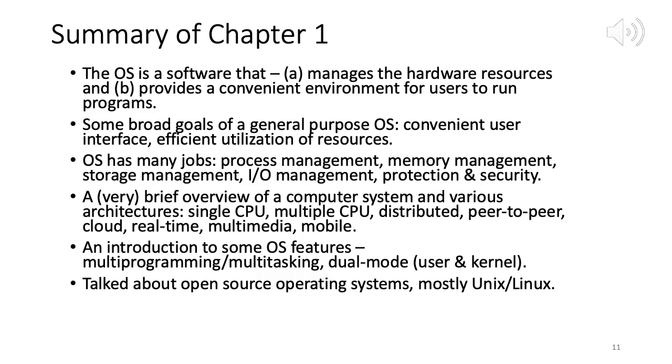Some broad goals of a general purpose operating system: convenient user interface, efficient utilization of resources. An operating system has many jobs to do based on its goals: process management, memory management, storage management, IO management, protection and security. Managing the various resources is definitely one of the top jobs, along with providing protection and security.